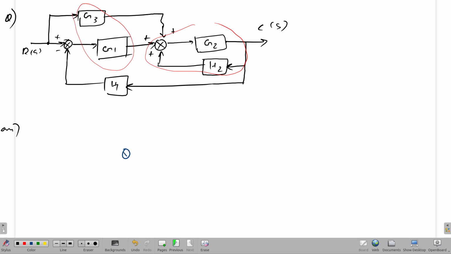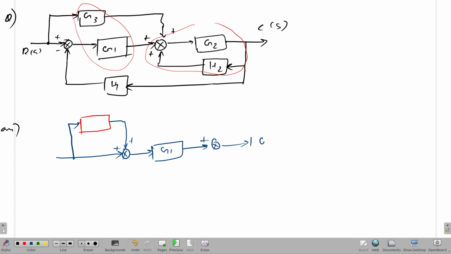That is, we have our summing point here and I'm shifting this one to here, this area. I'm using red for this one. Okay, it is added, so it is plus. Then we have our G1 here, the summing point for our feedback.